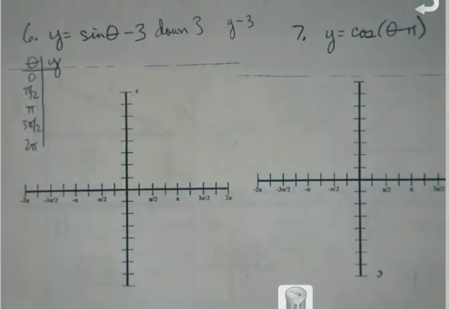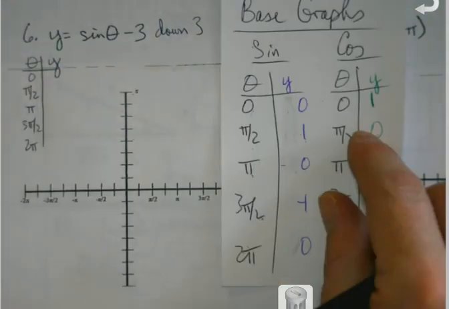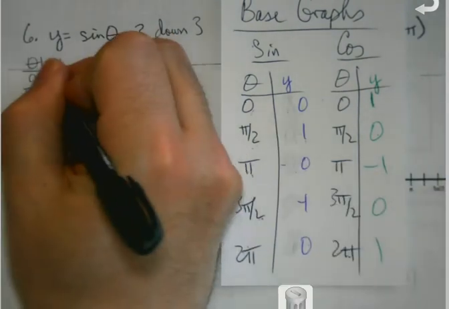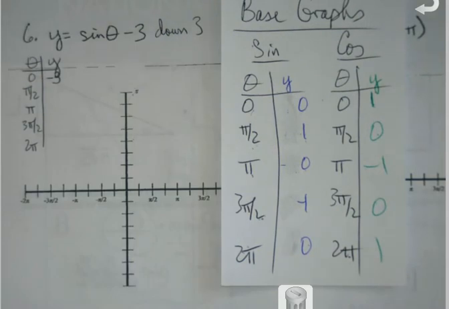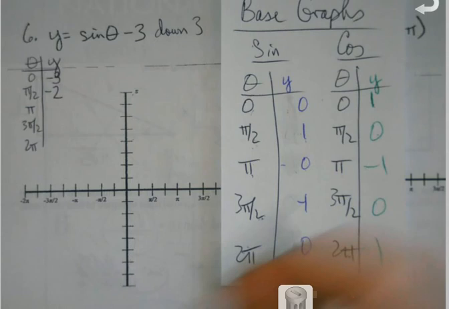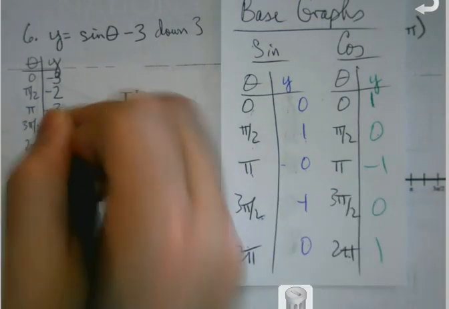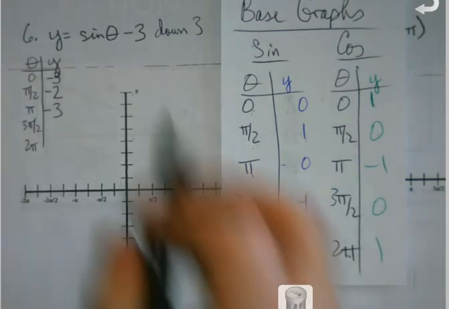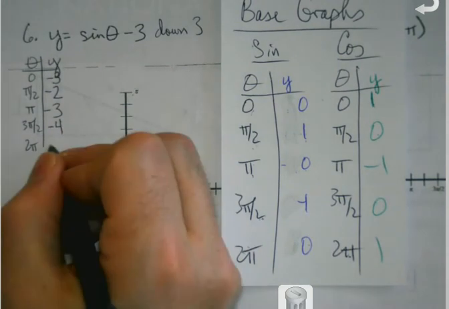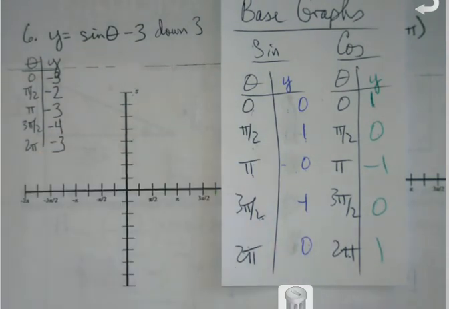But now my y values for sine, I'm going to subtract 3 from all of them. So 0 minus 3 is negative 3. 1 minus 3 is negative 2. 0, we're back to negative 3. Negative 1 minus 3 is negative 4. 0 minus 3 is back to negative 3. So my whole graph just shifted downward.